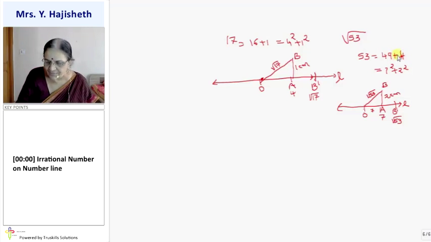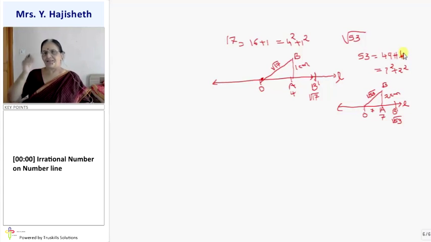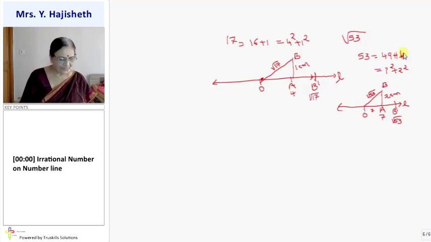You can apply this method if the number is square root of p, where p can be expressed as a sum of 2 squares. Okay? So you are clear how to represent an irrational number on number line. Okay?